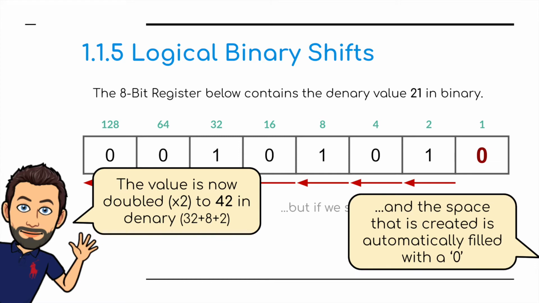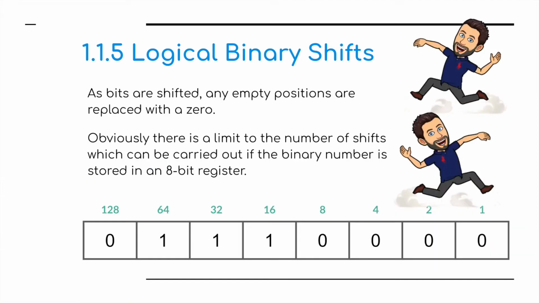When we're shifting, we've got spaces, we automatically put a 0 into the end column. Now some of you might see this and think, this could cause problems, and it does cause problems. So as a bit shift, an empty position is replaced with a 0. And obviously there are limits in an 8-bit number system as to how many zeros you can put in before it completely zeroes out.